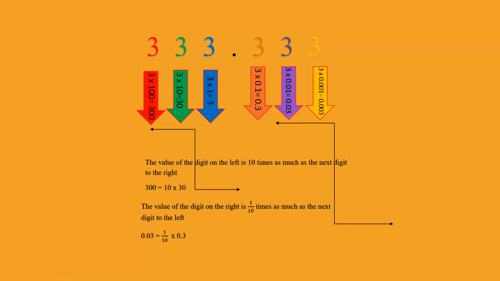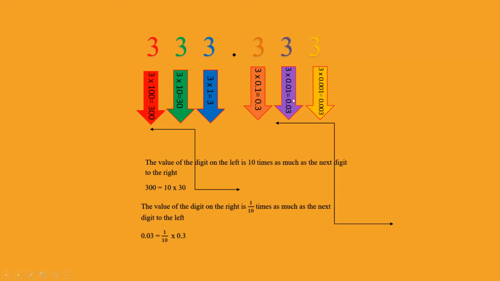The value of the digit on the right is 1 over 10 times as much as the next digit on the left. Like what? If I think about 0.03, 0.03 is 1 over 10 as much as 0.3.